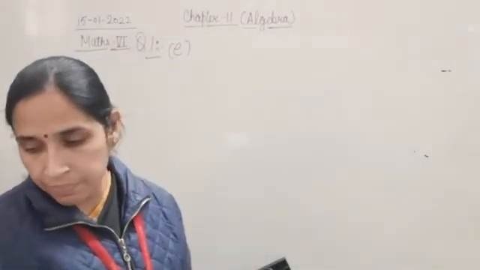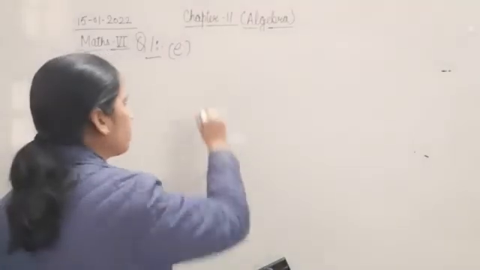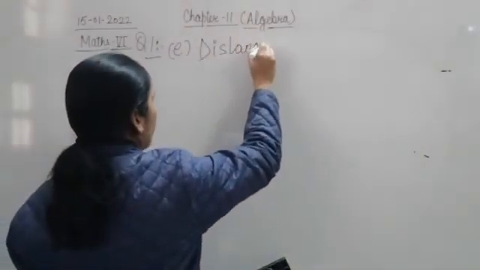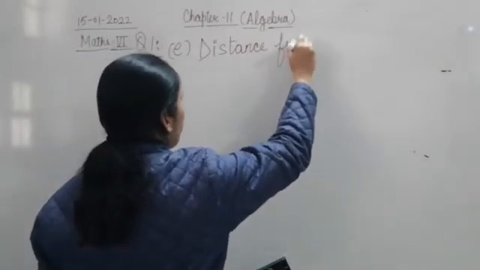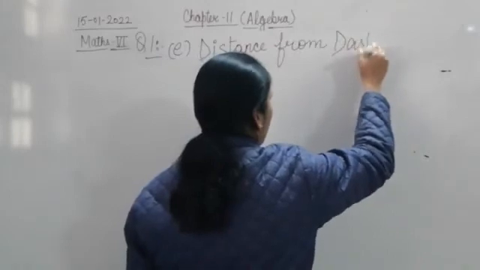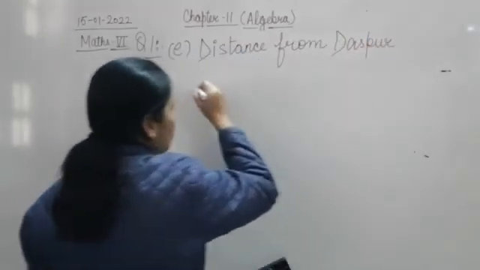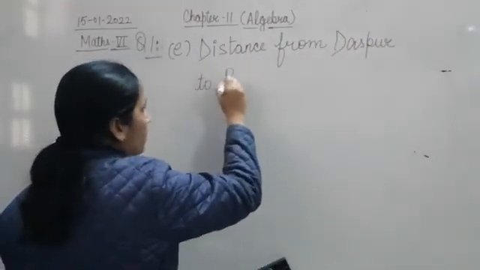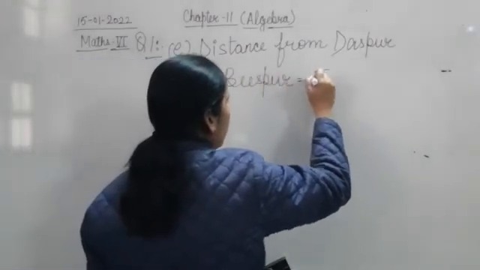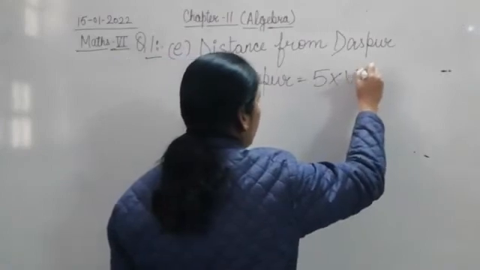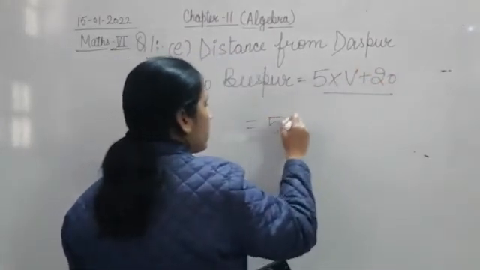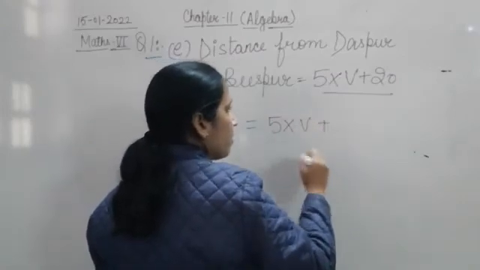So the distance from Daspur to Bispur will be 5 times whatever the speed is, plus 20. In 5 hours, how much distance is covered?